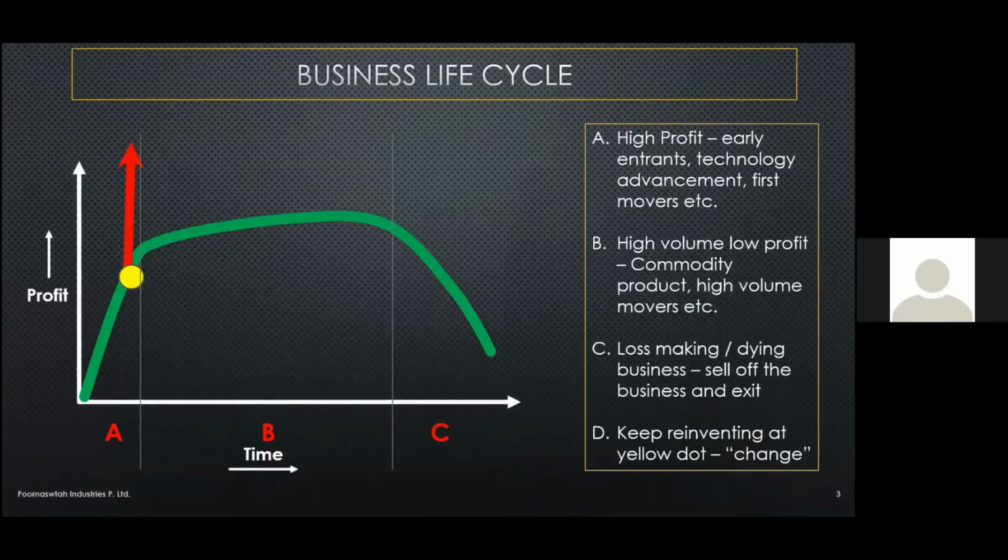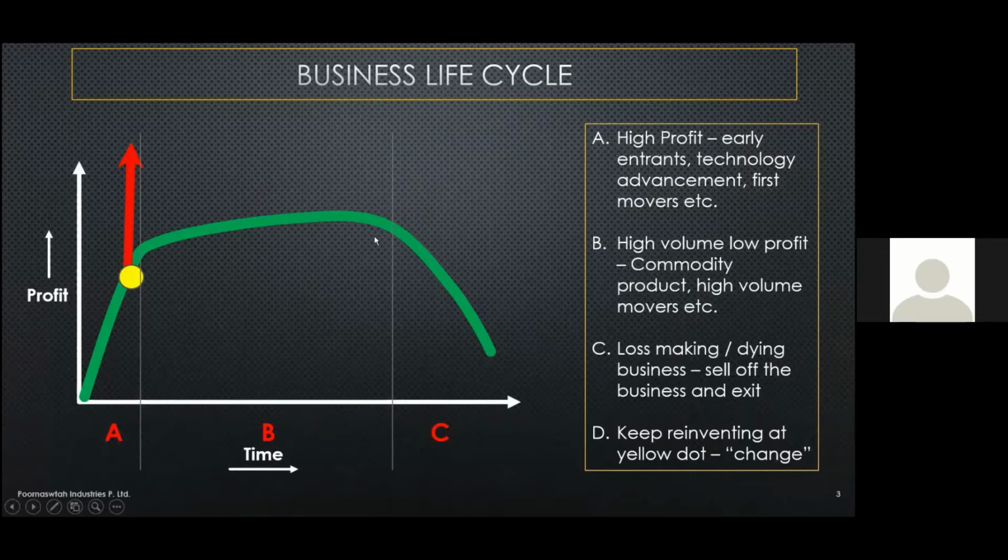Going ahead, if we look at a typical business life cycle, it passes through three different phases of profit versus time. When a product is introduced, in the initial stages there is less competition, and the business goes through high profit per unit, in phase A. At one point the profit starts plateauing down, and here it becomes a commodity.